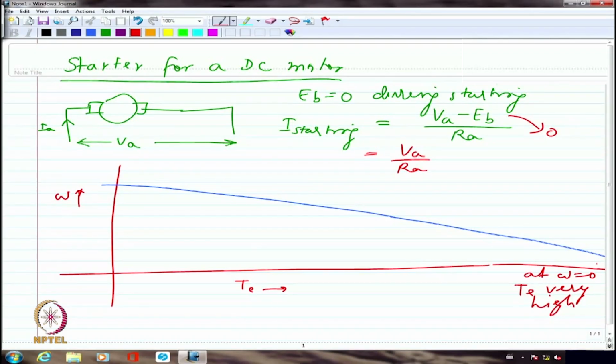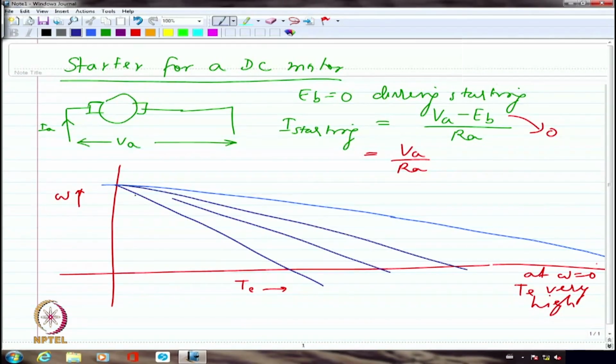So that is the reason why we want to include some resistance which will reduce the amount of current. From this particular characteristic, I can show one of these characteristics which is with a larger value of resistance. Then as I vary the resistance further and further, I am going to have the characteristics somewhat like this. So I can say this is R external decreasing, if I include an R external here.